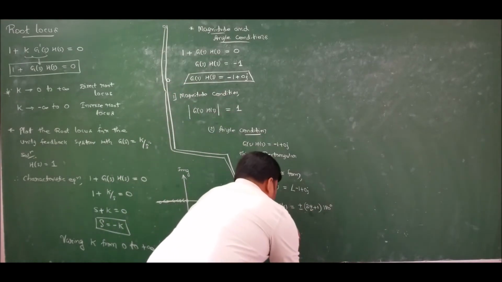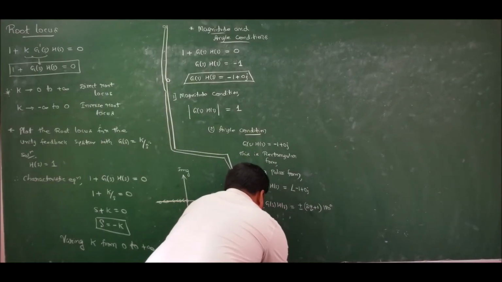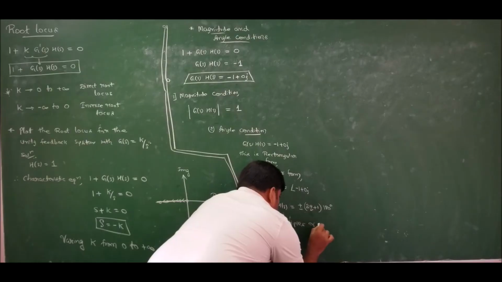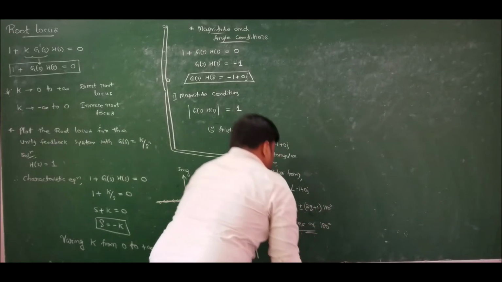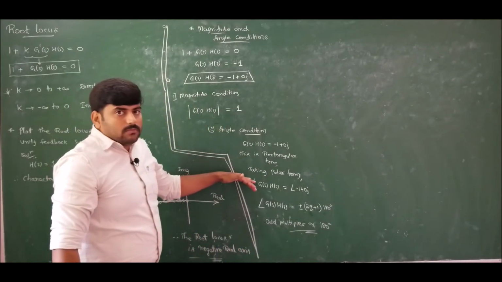That is, what does the angle condition say? You should get odd multiples of 180 degrees. So hope you understood how to convert from rectangular form to polar form.